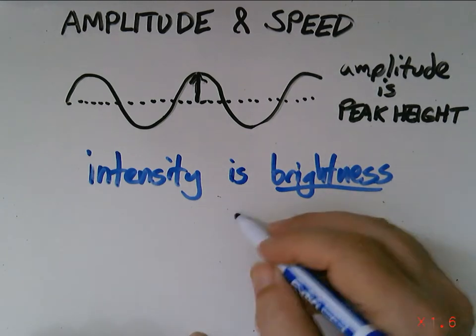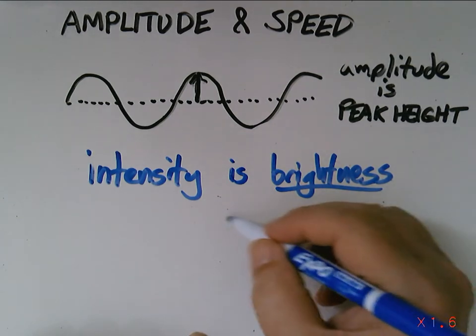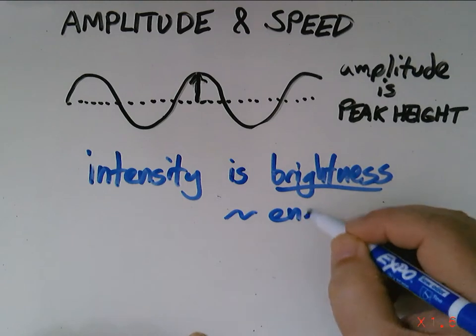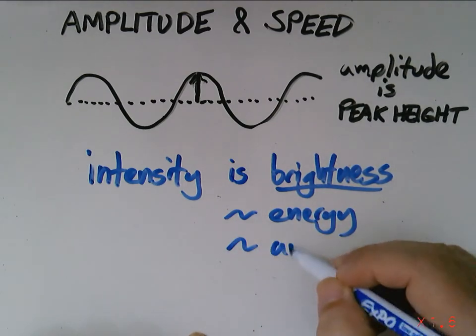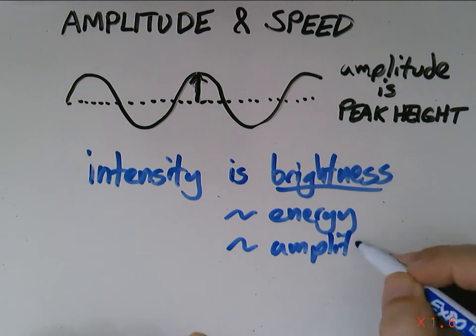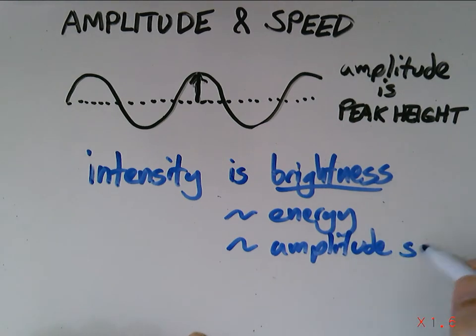And that is related to the energy that the wave is carrying, and that is related to the amplitude squared. So you can talk about more intense light, brighter light, or less intense light in terms of how much energy you're getting per square meter that the light is shining on.